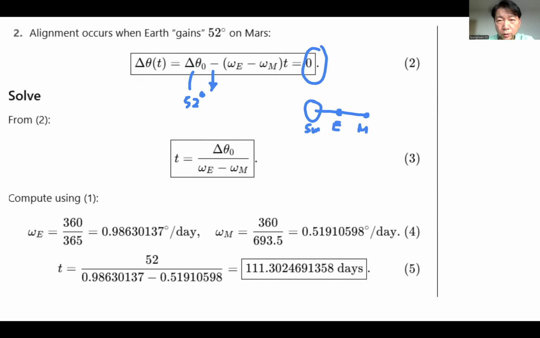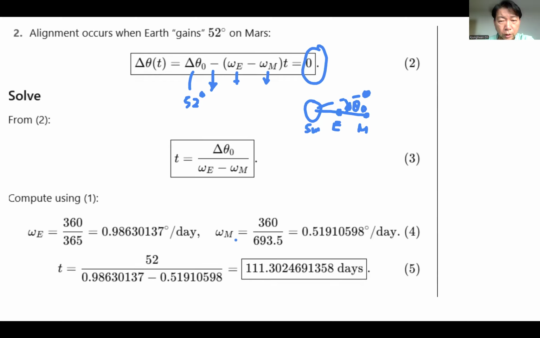Initially Mars was here. This is delta theta 0, okay? And then this was the 52 degrees, and we know what omega_E is, we know what omega_M is. And then we get this one.